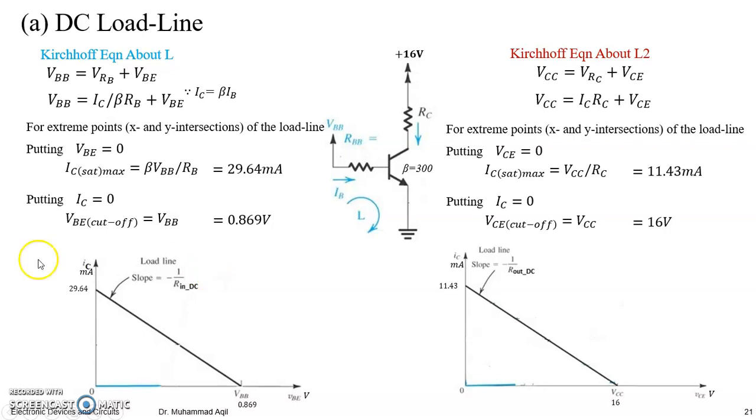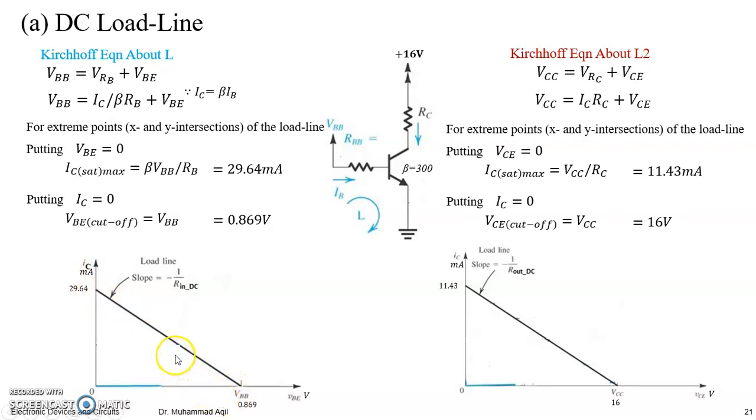So we are not going to draw that. So for the DC load line at the input side, you must have IC with respect to VBE. Currently we have only DC values, so the DC value will be equal to the total values, and your extreme points should be marked here and then joined to get the DC load line.